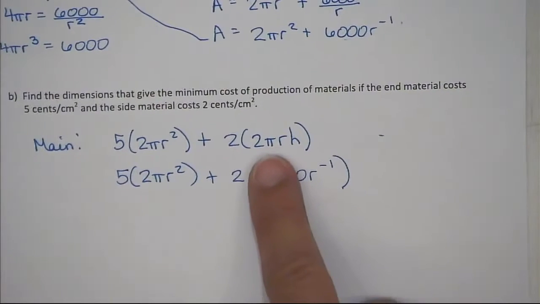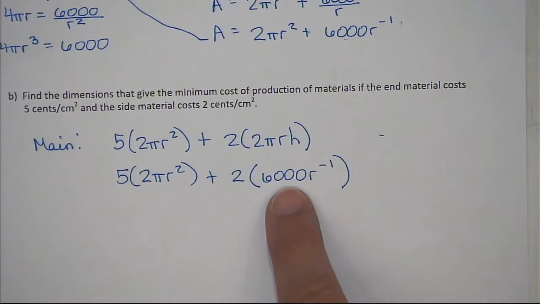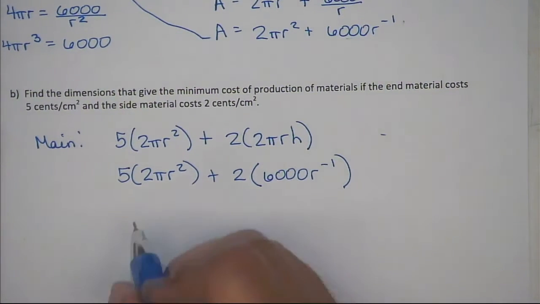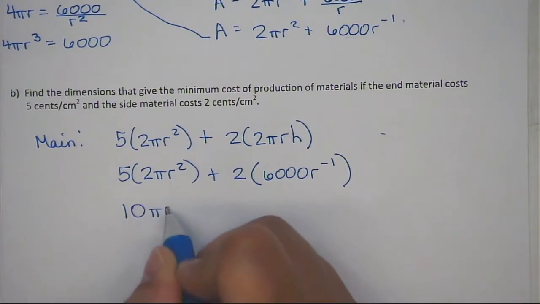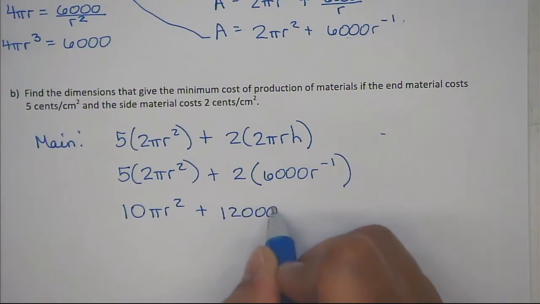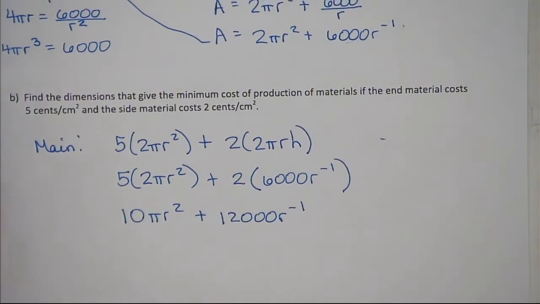Because we already did all that work before. We don't need to do that again. So just grab that from the top. All right, so now you've got 10 pi r squared plus 12,000 r to the negative 1.